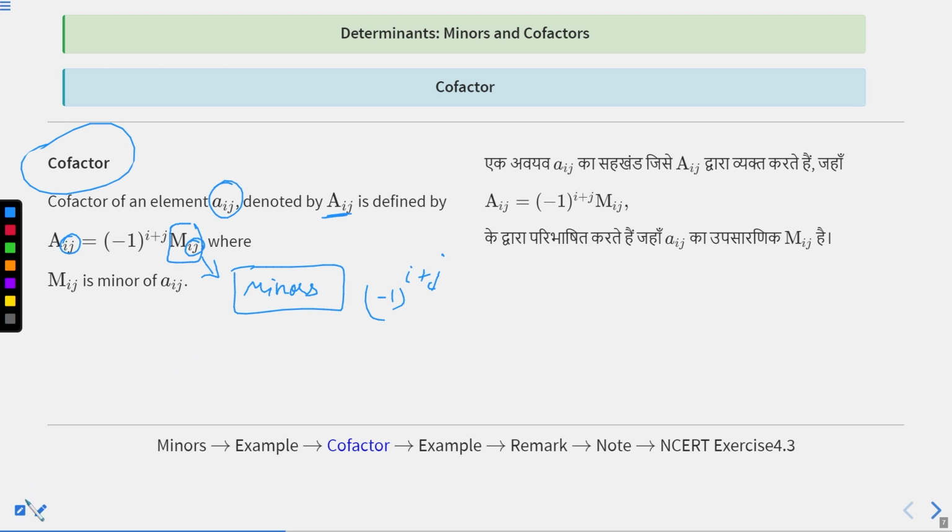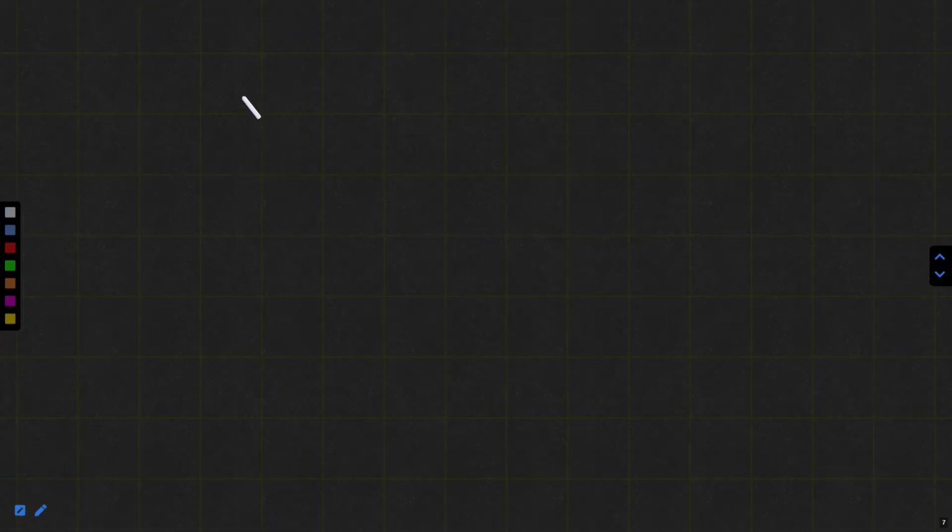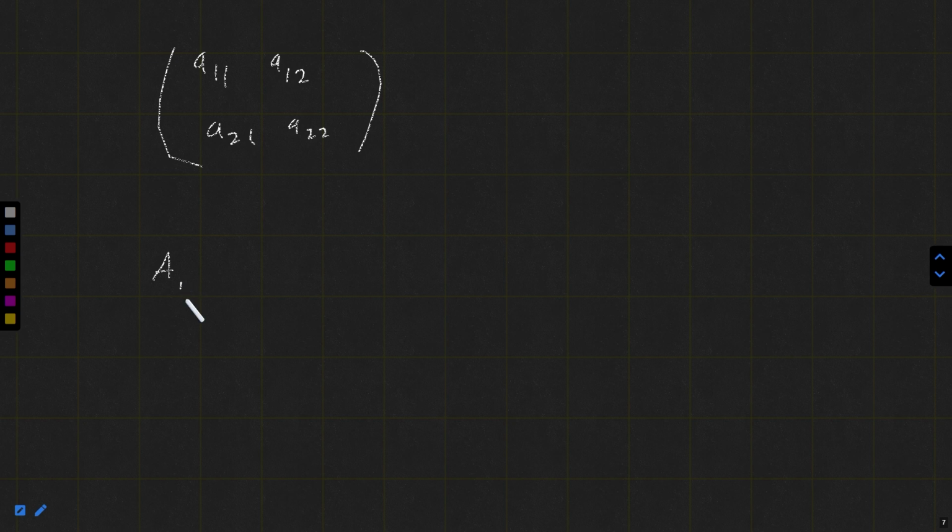For example, suppose you have a 2 cross 2 matrix like this, and you have to evaluate the cofactor of A12. So this will be -1 to the power i plus j. Here i plus j is 1 plus 2, which means 3, which means -1.